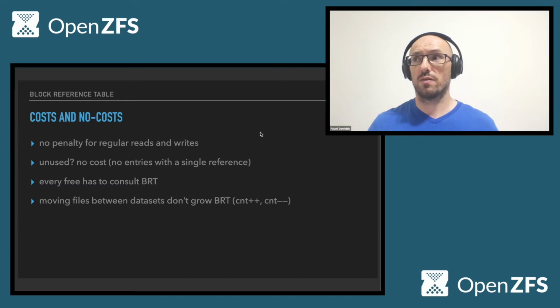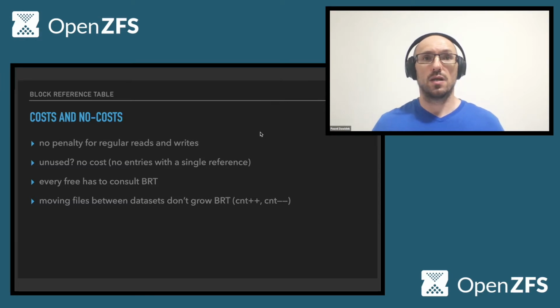With dedupe, we have a special flag in the block pointer, the D flag, that says that this block is in the dedupe table. So if there is no D flag, we simply don't consult the dedupe table. With block reference table, there is no special flag in the block pointer.